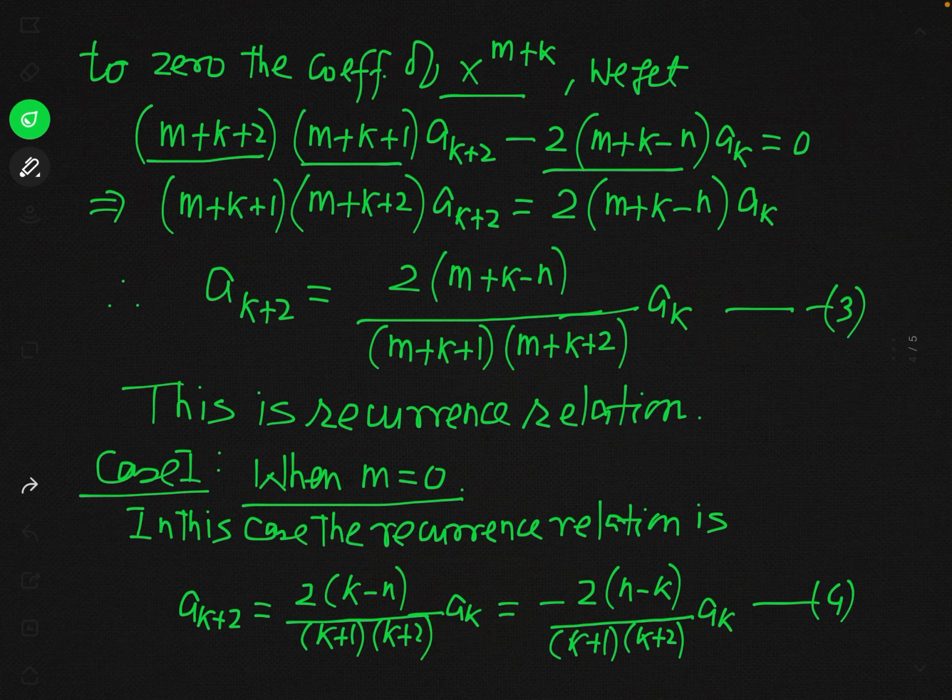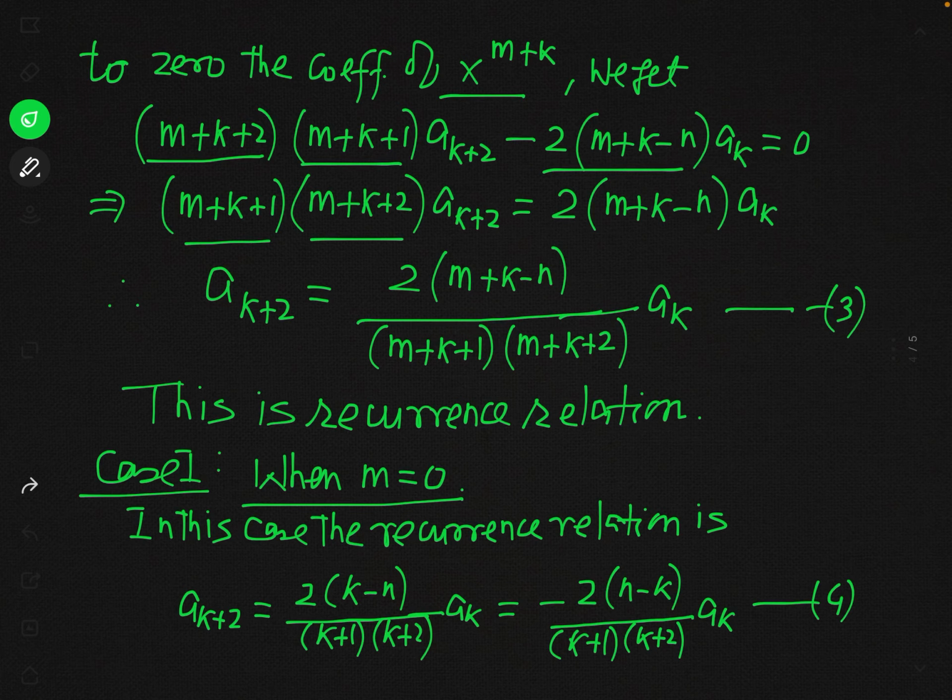And so here you can see this m plus k plus 1 times m plus k plus 2 times a k plus 2 will be equal to 2 times m plus k minus n a k. And so you can write a k plus 2 will be equal to 2 times m plus k minus n over m plus k plus 1 times m plus k plus 2 times a k. So this is the recurrence relation.